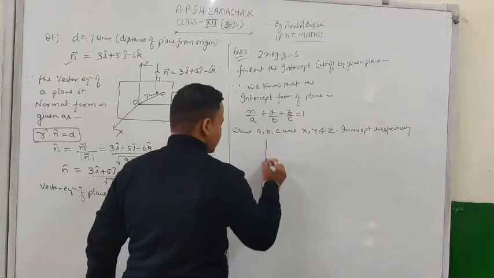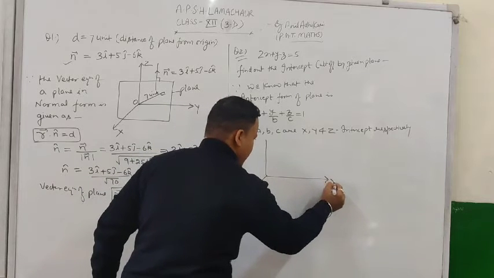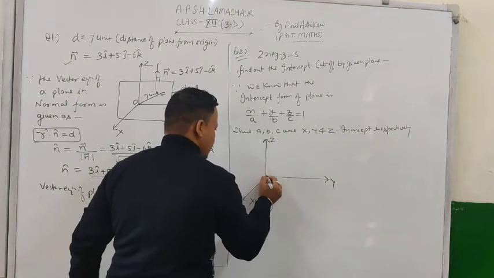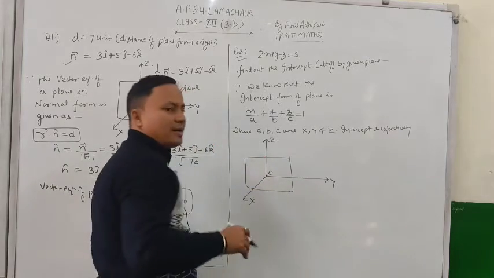You can make a diagram for convenience. Let it be the x axis, the y axis and the z axis, and this one is the origin, and let it be the required plane.